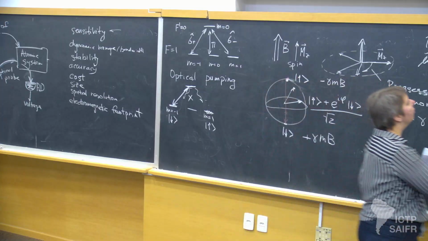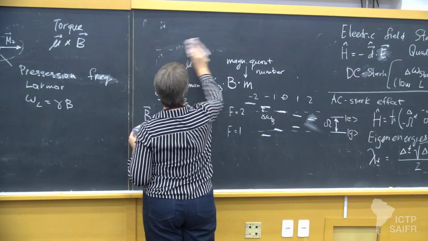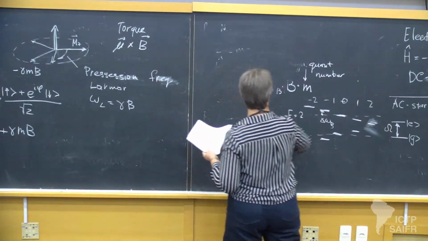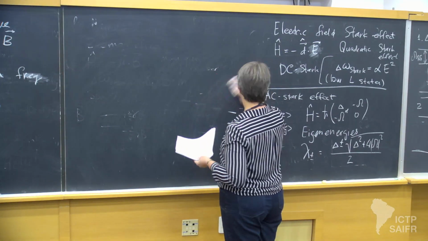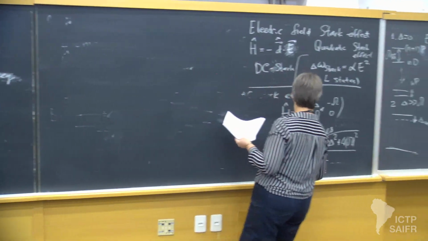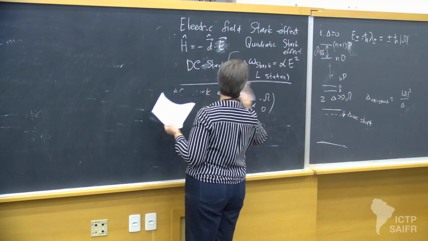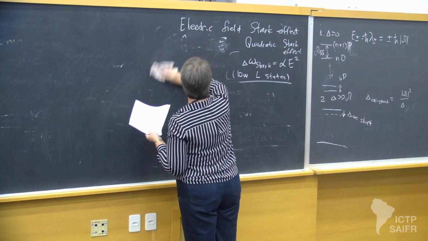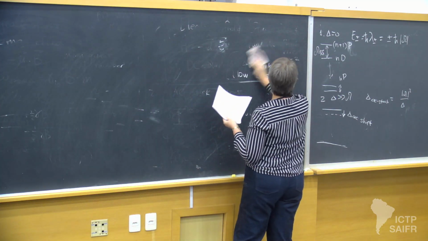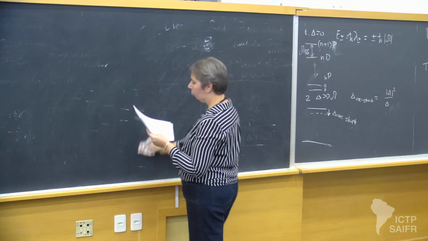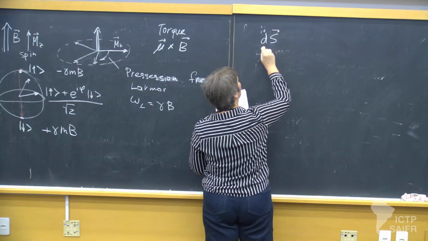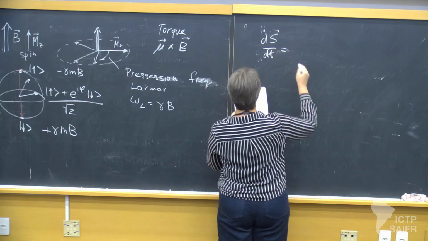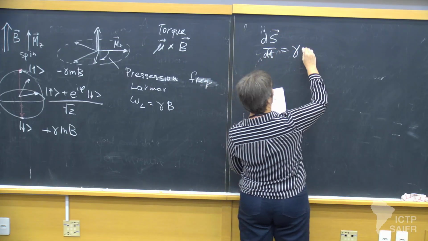Now we have to, of course, acknowledge the presence of decoherence. It would be really nice if we could create the spins and let them precess, and they would stay in this forever. In reality, we have to acknowledge that if we have our spins, first, they're going to have this precession term.